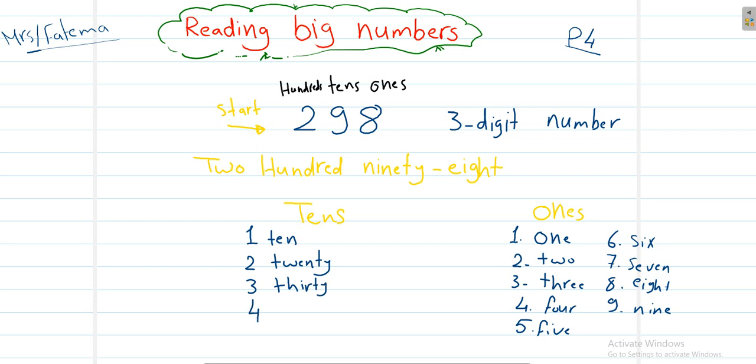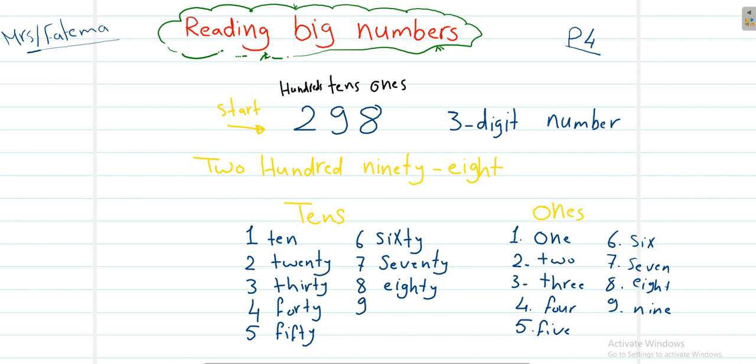If I have 4, it's going to be 40. If I have 5, it's going to be 50. If I have 6, it's going to be 60. 7, 70. 8, 80, and finally 9, it's gonna be 90.